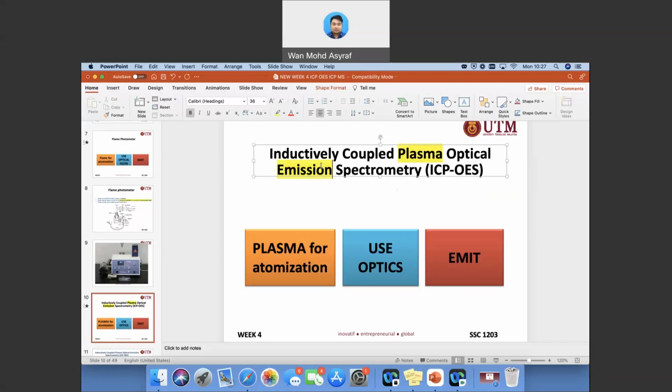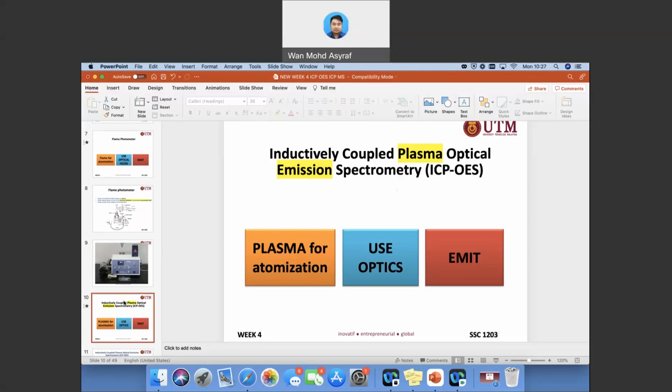Okay. So it carries out the same principle as the plasma would be the medium for your sample to be atomized, to be ionized, and then act as a medium for excitation. So your analyte will be excited.